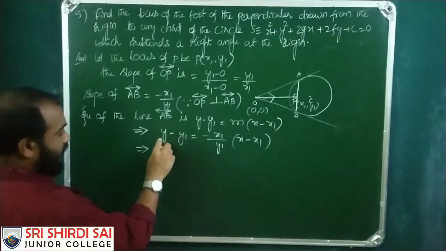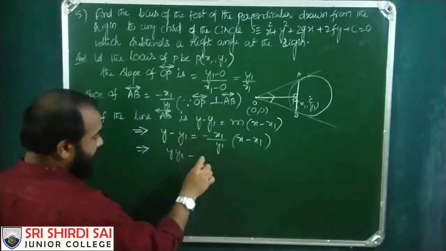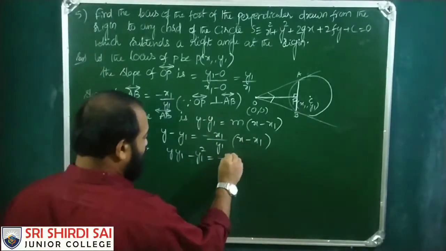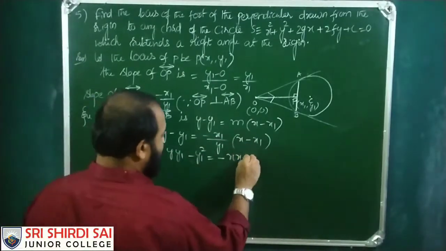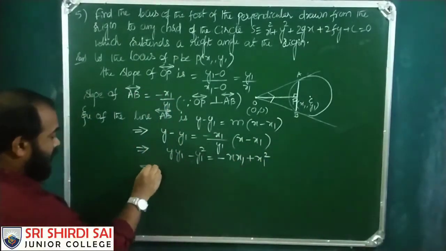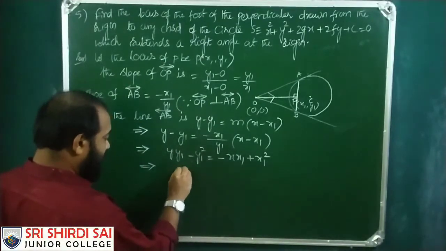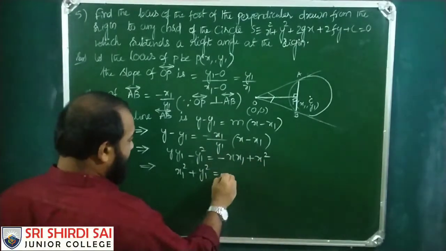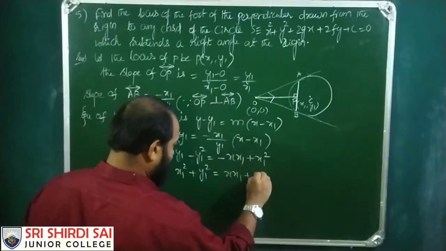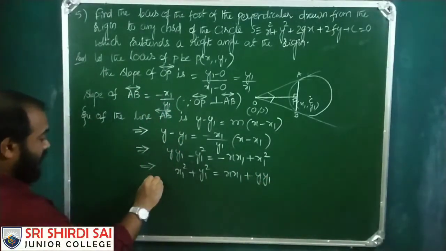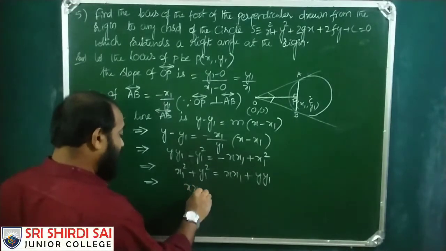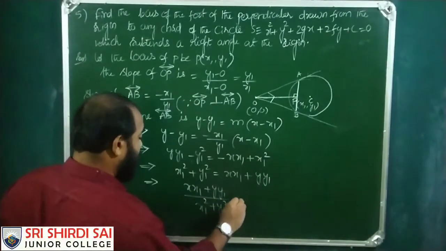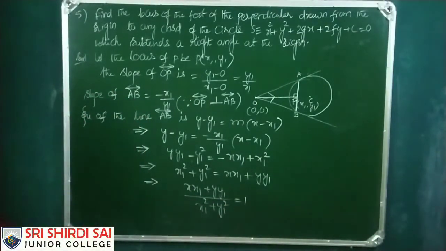So by cross multiplication, y y1 minus y1 square equals minus x x1, minus into minus plus x1 square. This implies x1 square plus y1 square equals x x1 plus y y1. This implies (x x1 plus y y1) by (x1 square plus y1 square) equals 1. So this one we got.